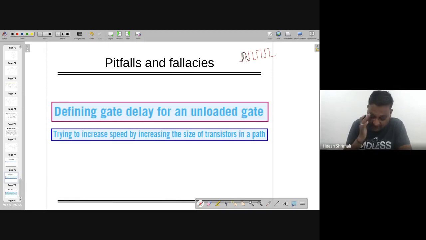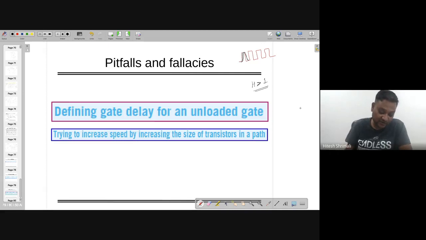But that will be better only till the capacitance offered by the gate is lesser than the capacitance at the output, meaning load capacitance is higher than the input capacitance. Till that time things are pretty fine, meaning electrical effort is greater than 1. When it's getting lesser than 1, meaning Cin is dominating, then that's not the correct thing. Increasing speed by increasing the size of the transistor will be the wrong thing.